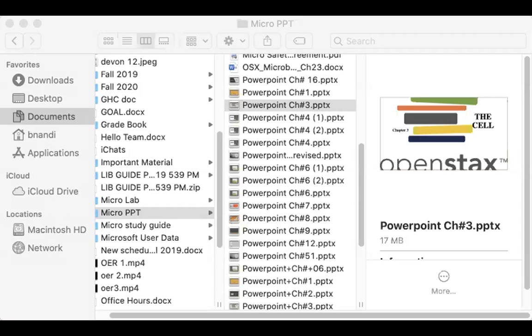Miss Nandi, what does your screen look like? I was about to say the same thing. I'm still looking at PowerPoint chapter 3, PowerPoint chapter 4. It's not on the slide. Yeah, we don't see anything. Yes, ma'am. We just see all of your documents. You don't see my screen? Well, we can see your screen, but it's not like the last PowerPoint. We don't see your slides. Okay, let me.